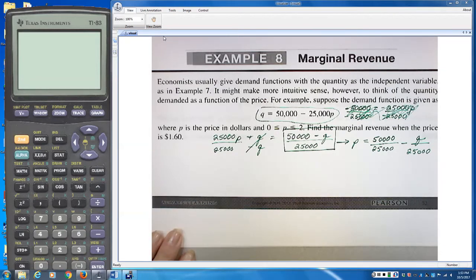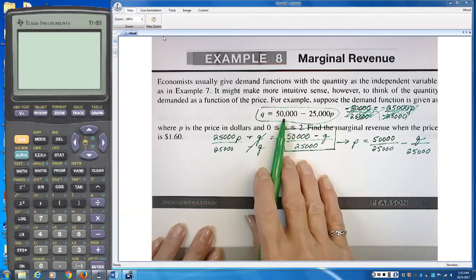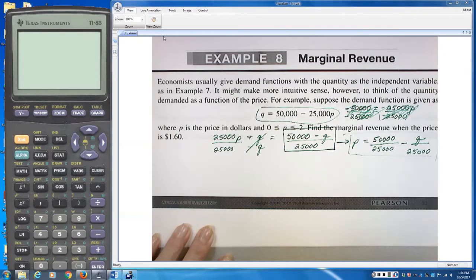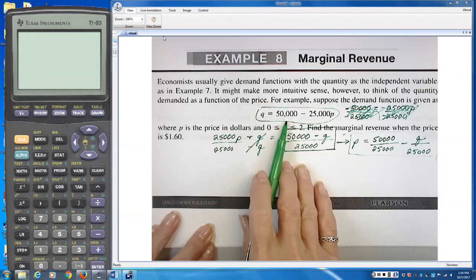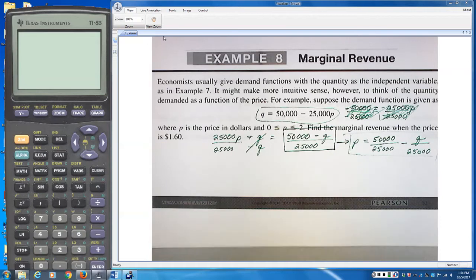So we're going to find the value of Q here. And remember, this is equivalent to what we looked at before. We're going to find the value of Q by plugging into that function.